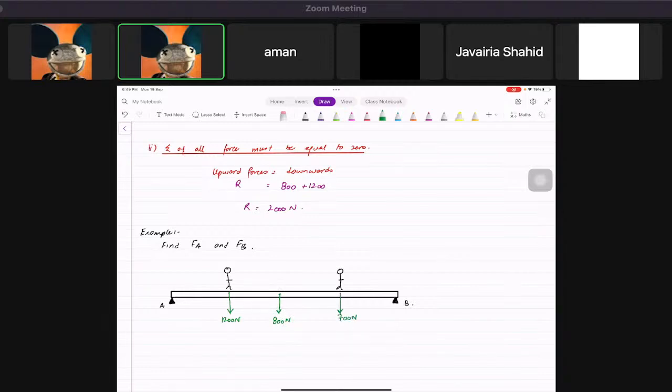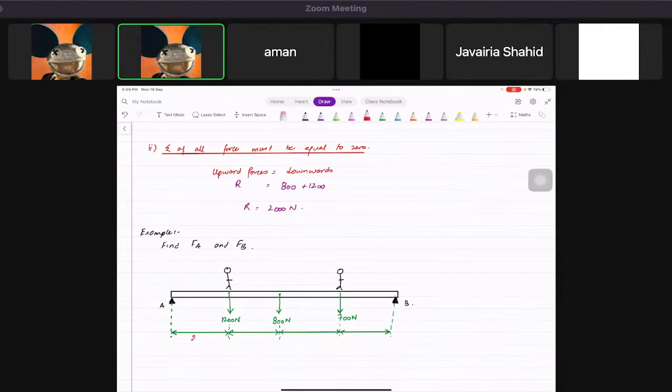Okay. And from this point to this point, they have individual distances as well. So let's write that.